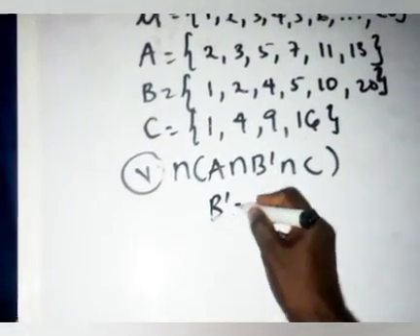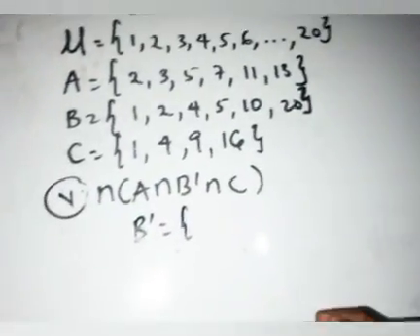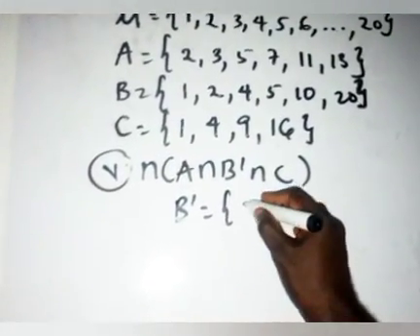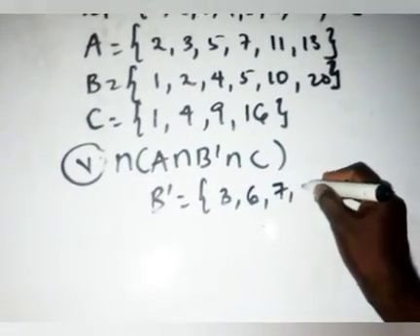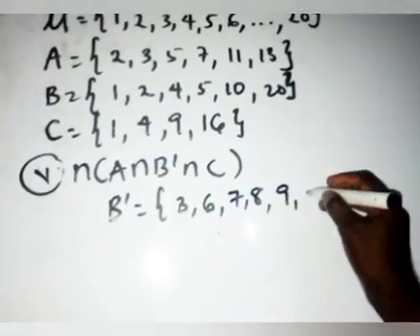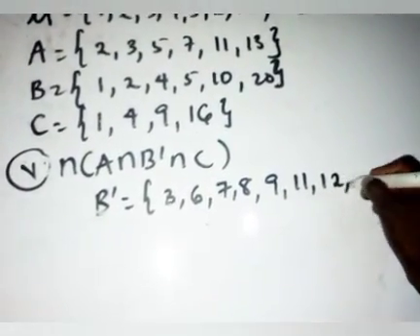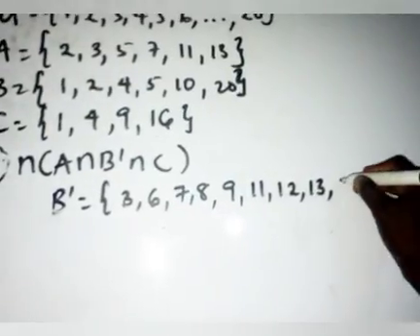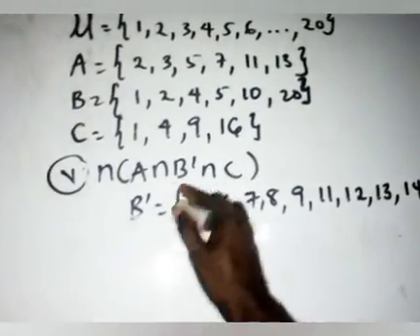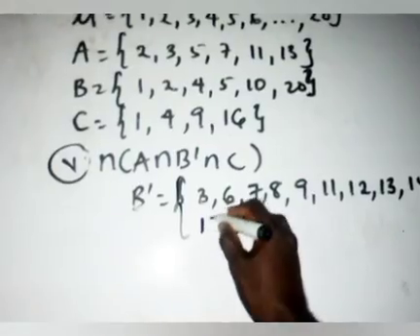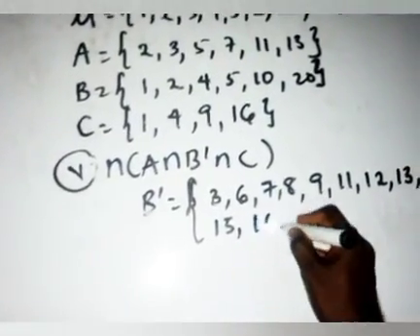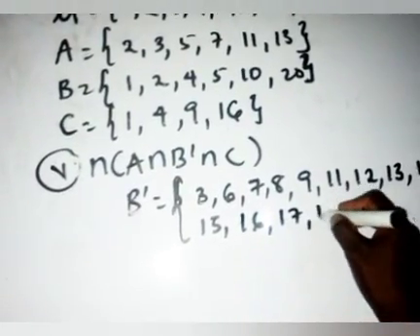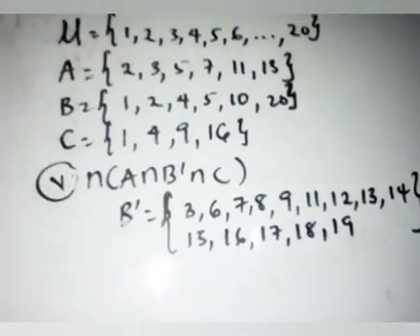B prime includes those elements that are not in B: 3 is not in B, 6, 7, 8, 9, 11, 12, 13, 14, then 15, 16, 17, 18, and 19. These are the elements that are not in B.